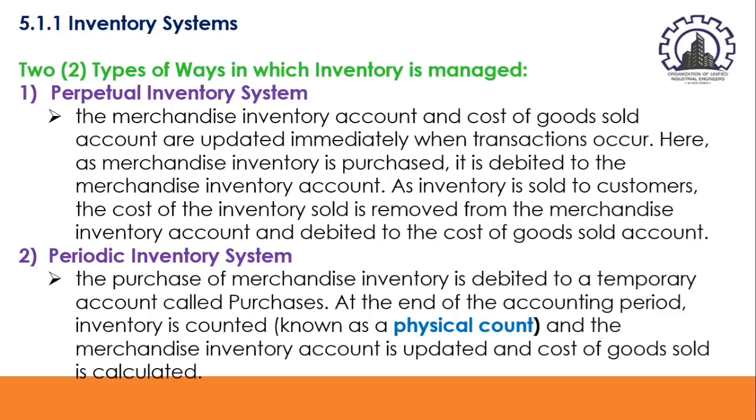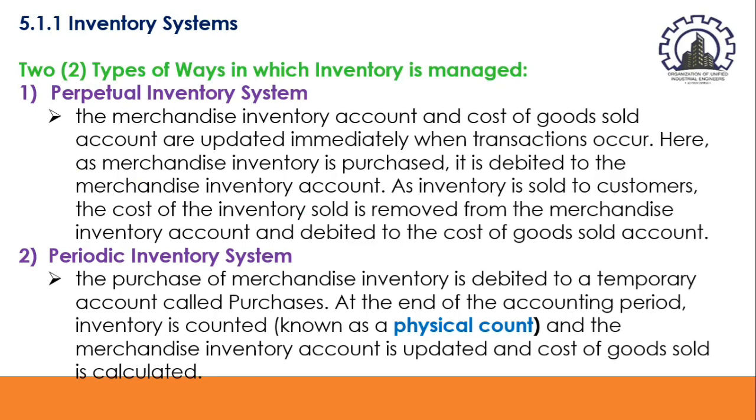And take note that under inventory systems, there are two types of ways in which inventory is managed. First, we have the perpetual inventory system. And second, we have the periodic inventory system. Now, what's the difference between the two? In the perpetual inventory system, the merchandise inventory account and cost of goods sold account are updated immediately when transactions occur.